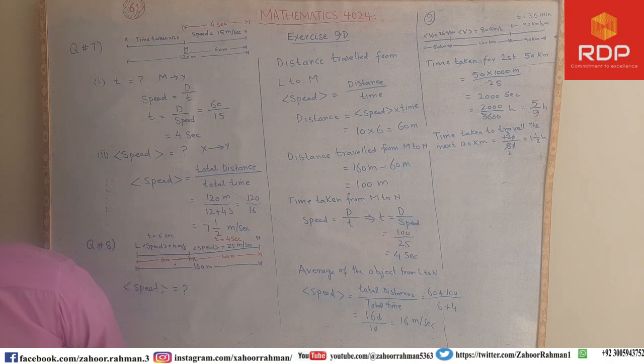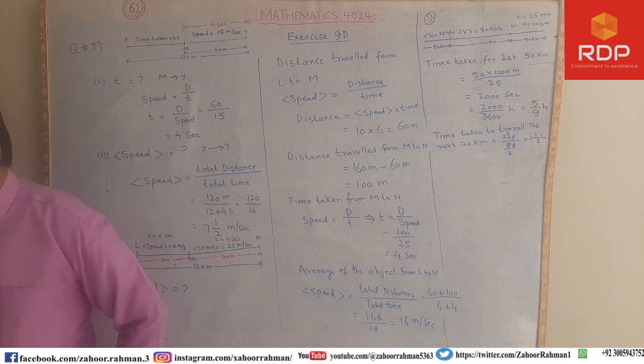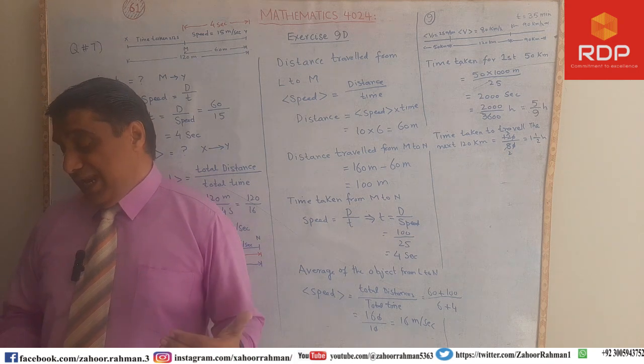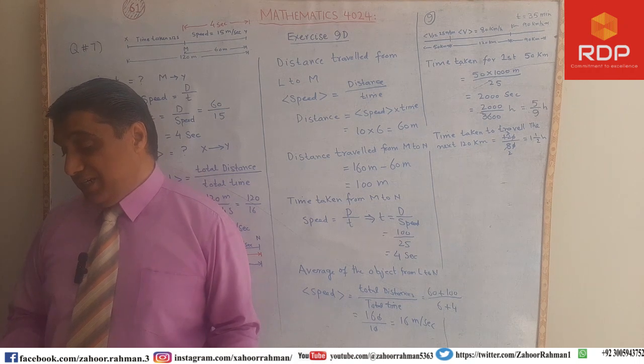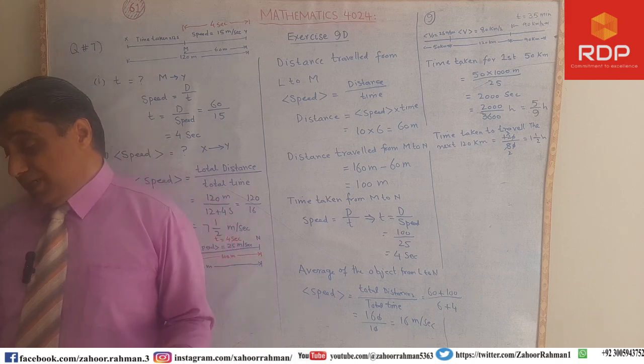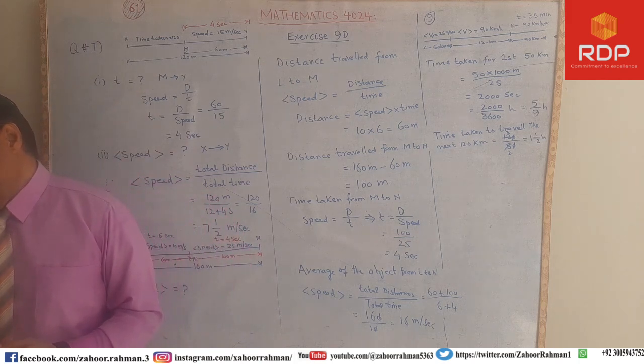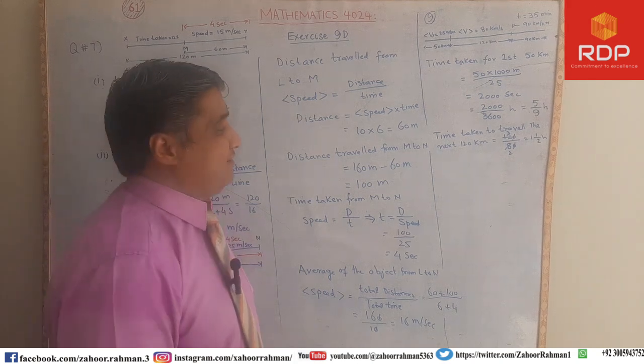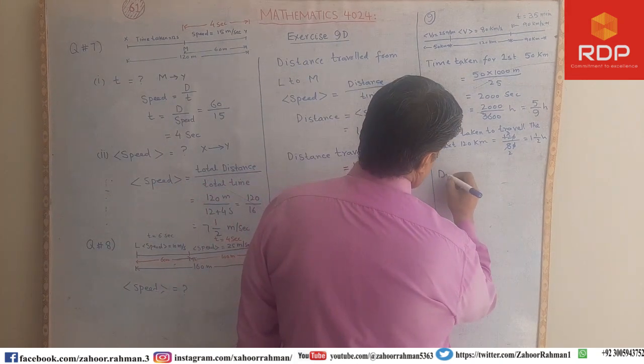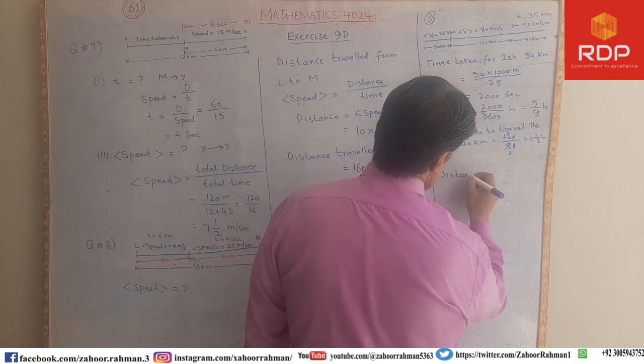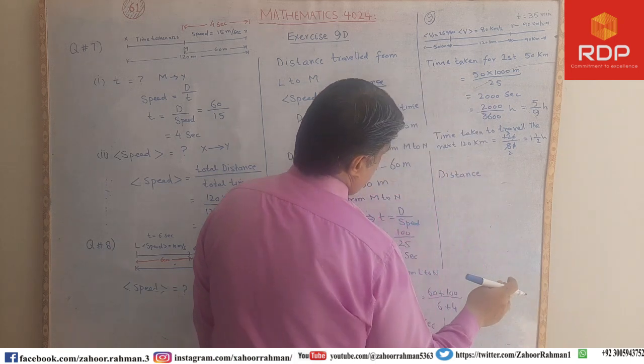Now for the last part, because it is given in minutes, we have to find the distance for the next 90 kilometer per hour in 35 minutes. Distance is not given in this, time is given.